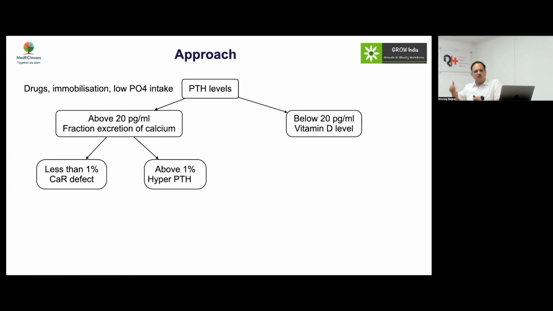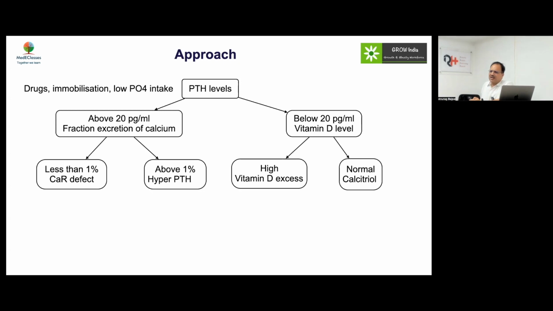On the other hand, if your PTH is below 20, you should look at the vitamin D level. If vitamin D levels are high, it's typically an iatrogenic excess in most cases. If it's normal, look at calcitriol. If calcitriol is high, think of a granulomatous disease like sarcoidosis, tuberculosis, lymphoma, or if you're talking about a neonate, you're looking at fat necrosis as a possibility.